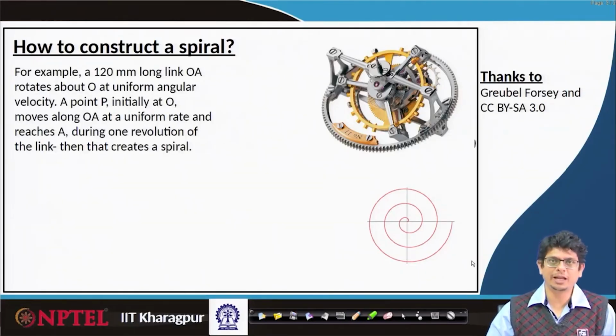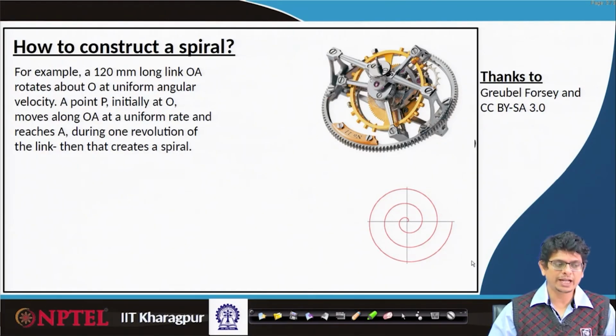For example, let us pick a problem. A 120 mm long link OA rotates about O at uniform angular velocity. It is a machine design kind of problem where there is a link connected to the spiral. One of the points is rotating at constant angular velocity.